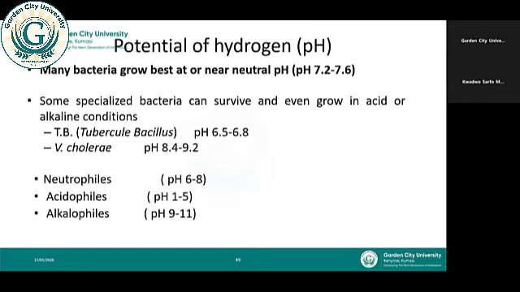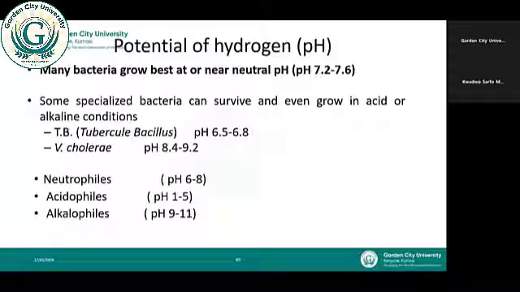So pH, or potential of hydrogen, is very, very important for the survival of these microorganisms. If you want to culture microorganisms, you should know the pH at which they can grow best. And usually where you take the sample from, or where the infection occurs, gives you a clue of the pH to provide when you want to grow them in the lab.